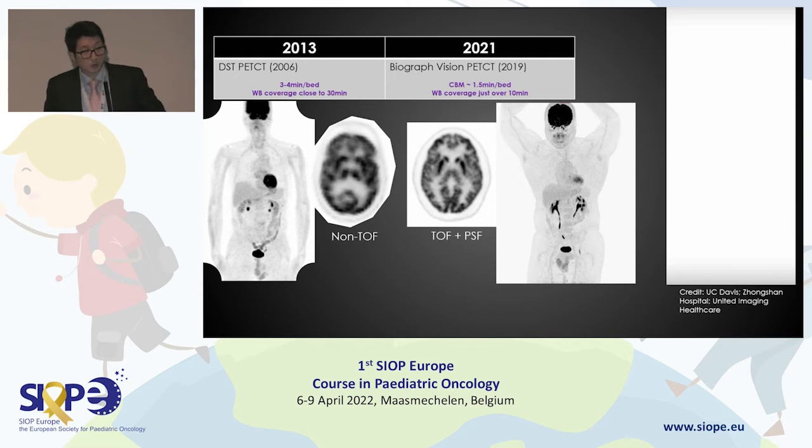These pictures and tables come from a slide from a talk I was giving for a different purpose. It showed that when I first started practicing in 2013 as a consultant, I caught the end of an older scanner.